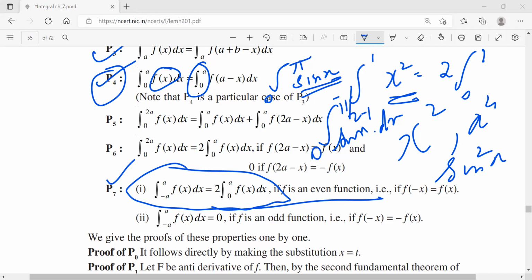Sin pi minus x, what is the value? Okay, I'm getting two answers, from Prithvi and Rohan. Others, please tell me. Only two answers I got.